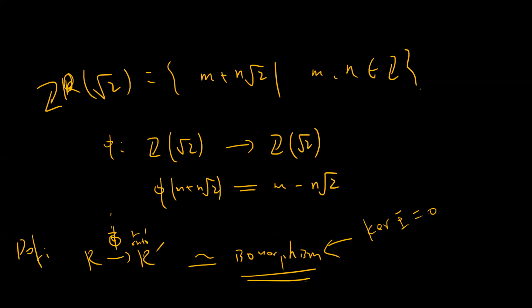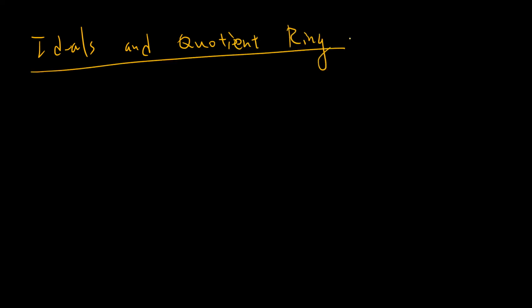Now we can talk about ideals and the quotient ring. From here, we will talk about some abstract ideas in ring theory, the most important one being ideals.